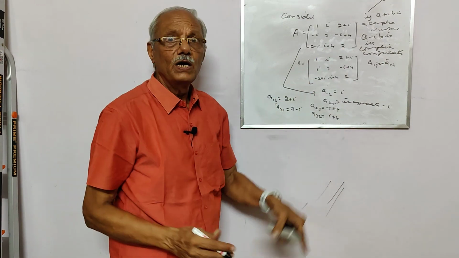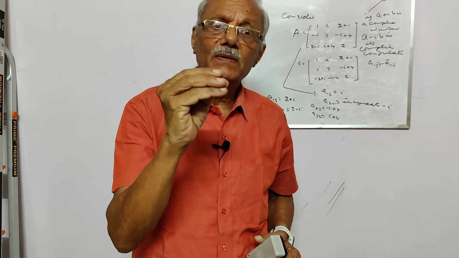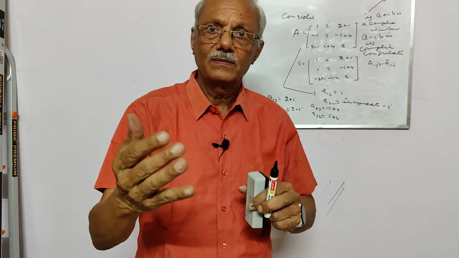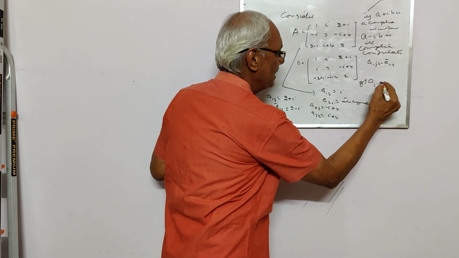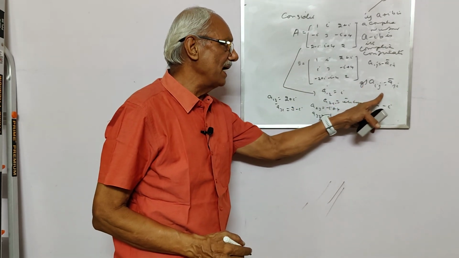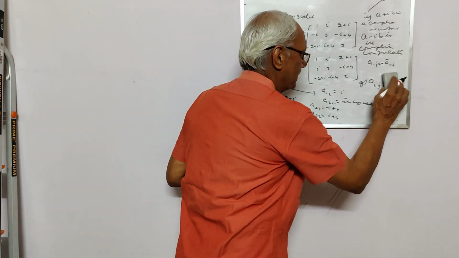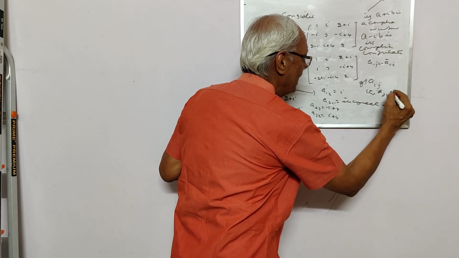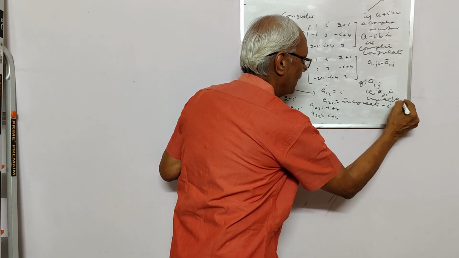So in a matrix, if the elements are such that Aij is equal to Aji bar, meaning if Aij is a complex number, then Aji is the conjugate of Aij.